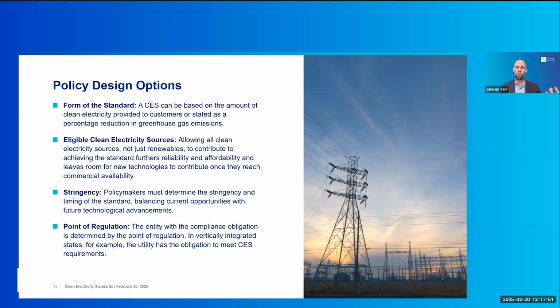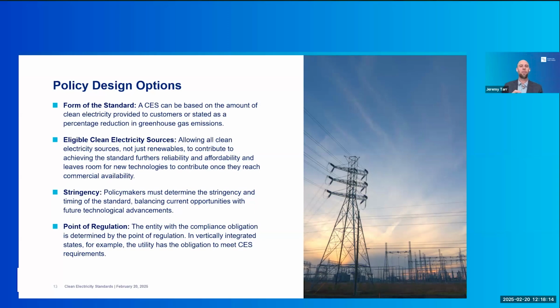And so the distribution utility or retail provider would then procure clean electricity from generators like independent power producers to make sure that the regulated entity is providing a sufficient amount of clean electricity over time.